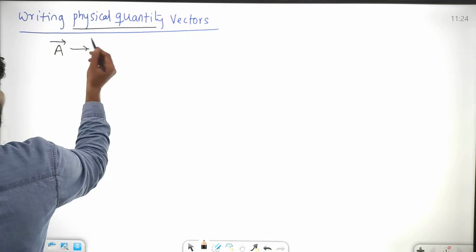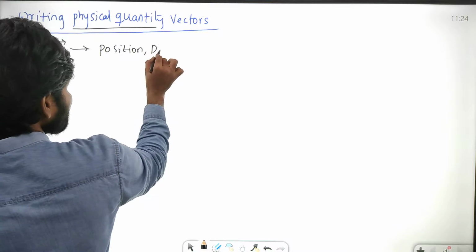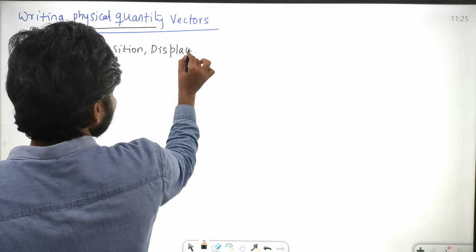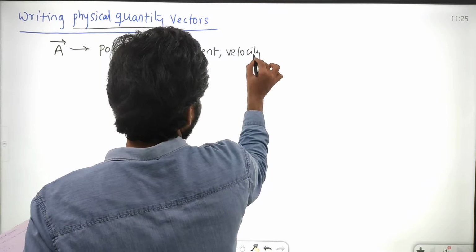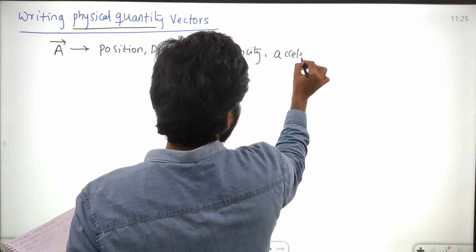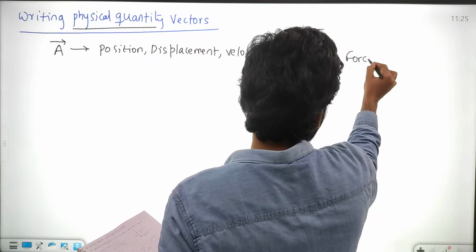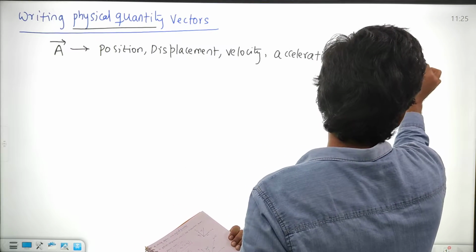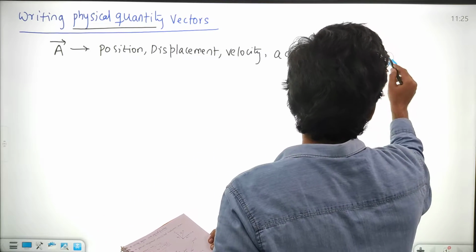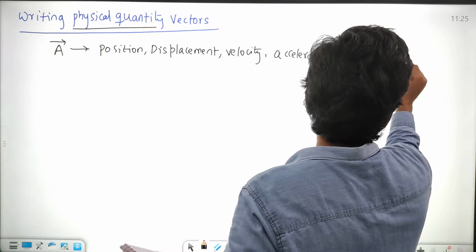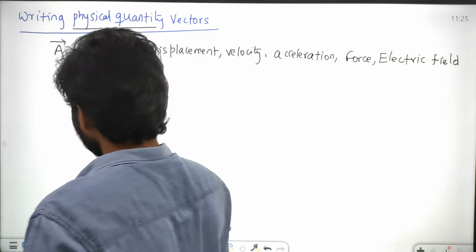Physical quantities: position, displacement is also a vector, velocity is also a vector, acceleration is also a vector, force is also a vector, electric field is also a vector.